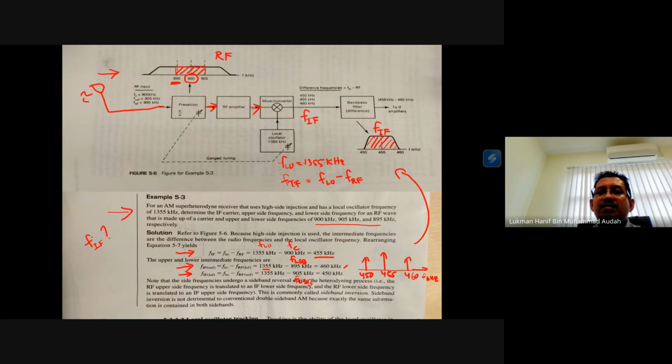Therefore we pass through the band pass filter. The band pass filter will limit the desired frequency, and then we pass to the IF amplifier. So that is about the mixer converter section.